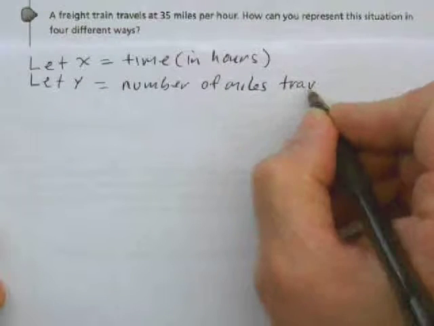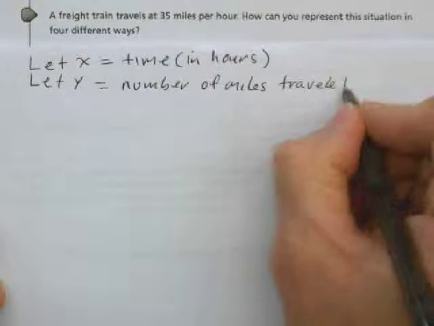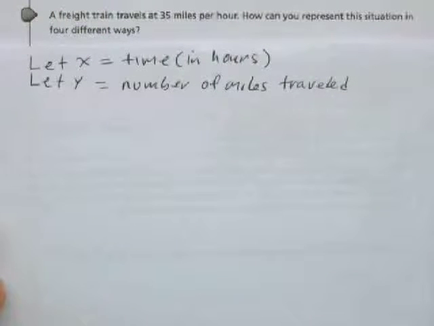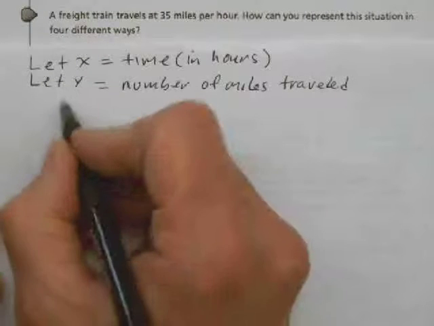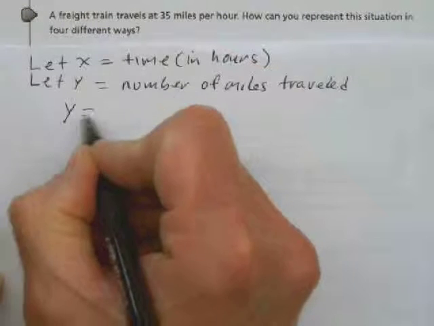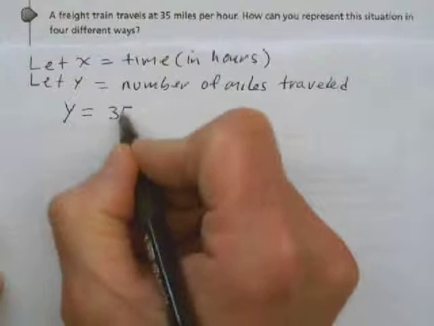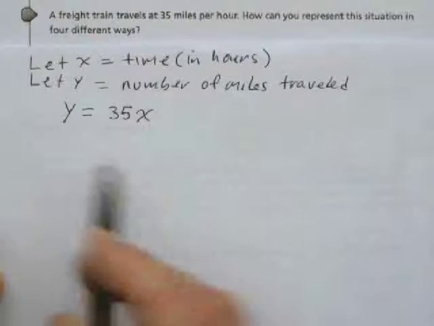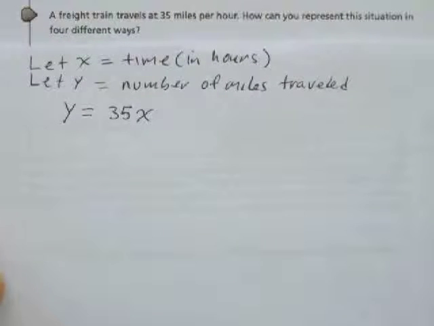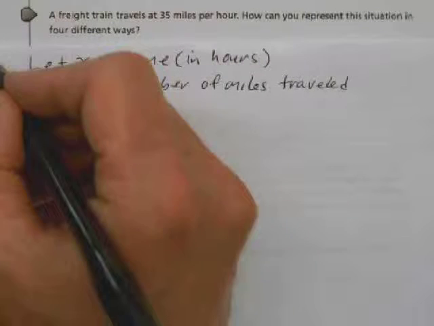All right. And it says that the freight train travels at 35 miles per hour. So the number of miles it travels is obviously the dependent value, and that's going to be at 35 miles per hour. And that would be y equals 35x. All right, so that would be way 1.